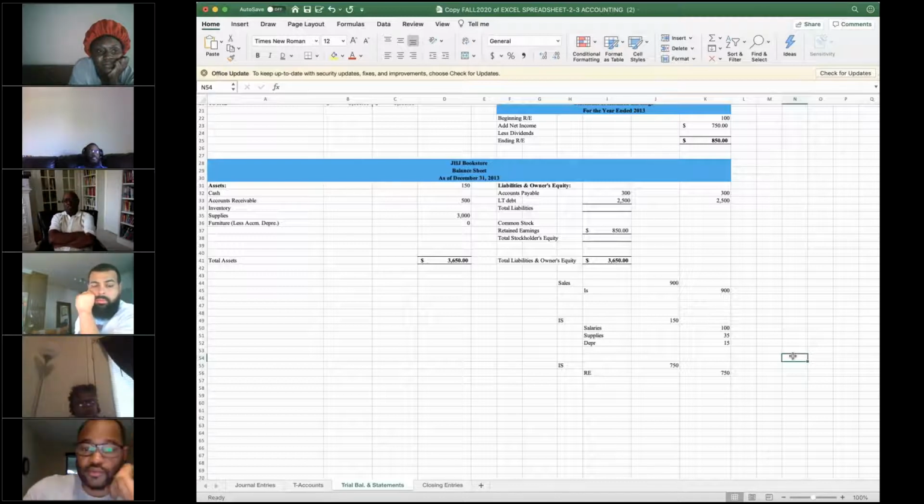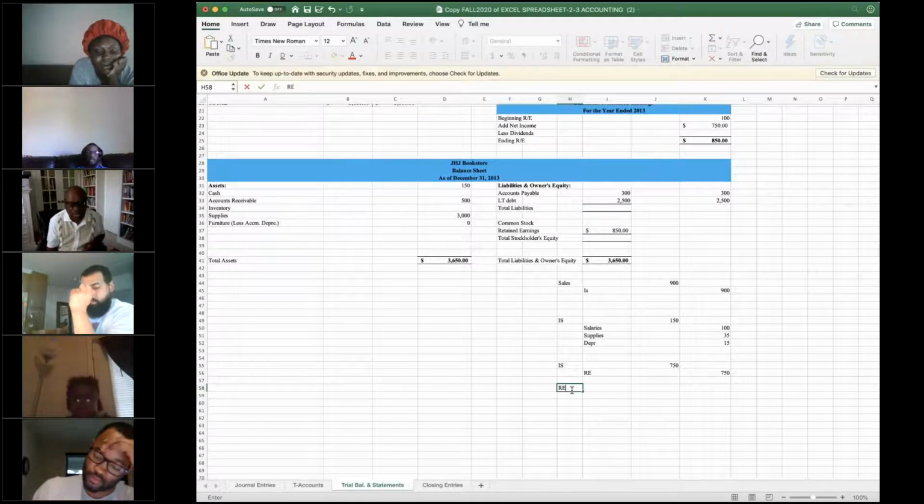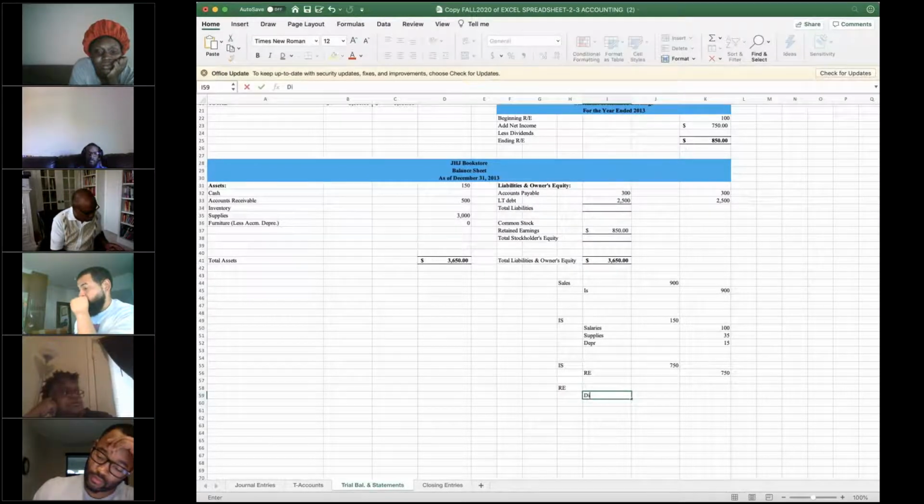If you had dividends, you would do what? You would debit retained earnings and credit what? Dividends. If you had dividends, that will be closing entry 4.